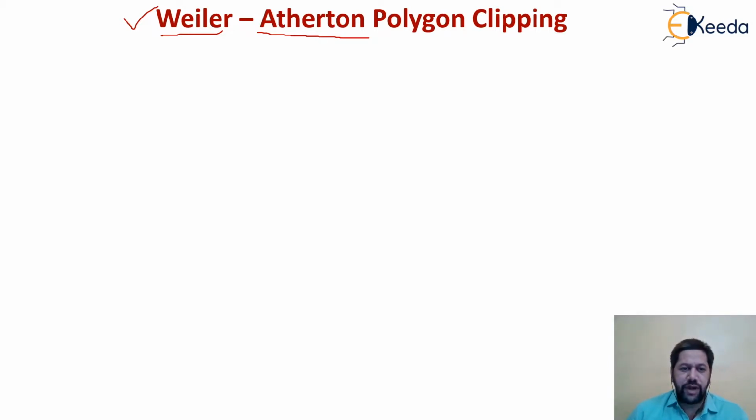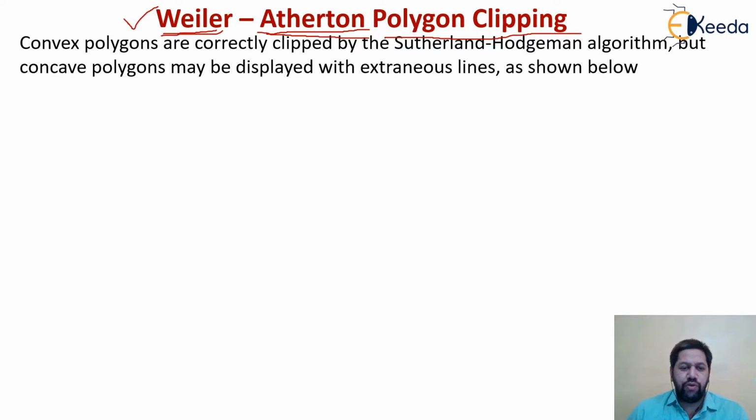They designed an algorithm which is an improvement over the Sutherland-Hodgman algorithm. This is one of the important algorithms used for polygon clipping. Let us start understanding the Weiler-Atherton polygon algorithm.